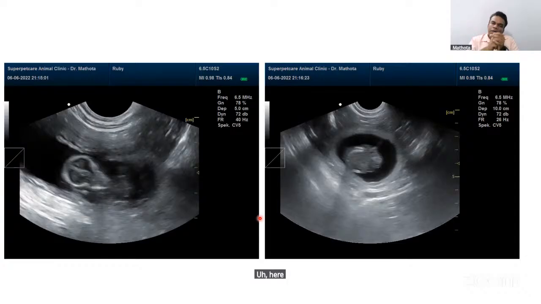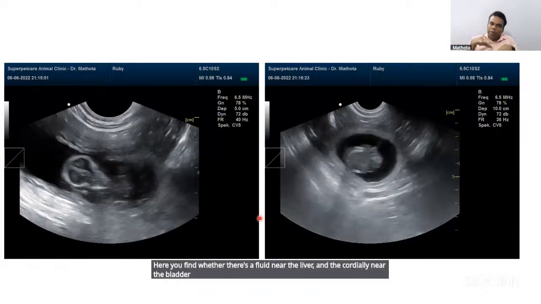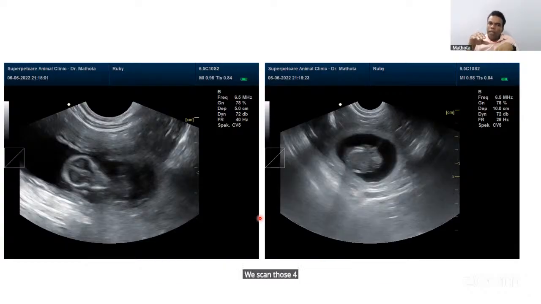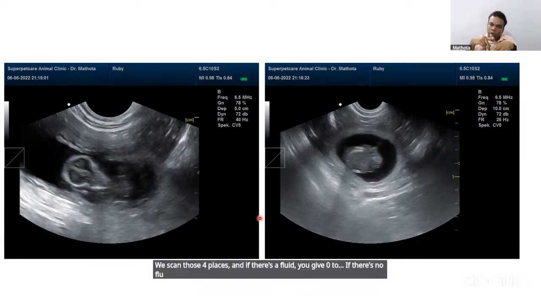Here you find whether there's fluid near the liver, caudally near the bladder, near the spleen and the right kidney. We scan those four places, and if there's no fluid, you give 0. If there's a moderate amount of fluid, you give half, and if there's fluid, you give 1.